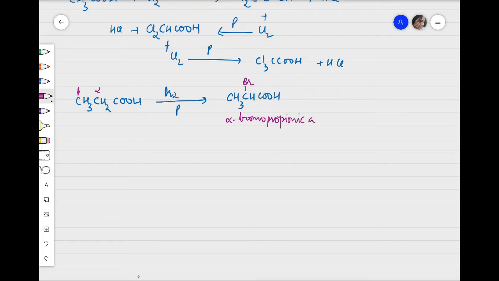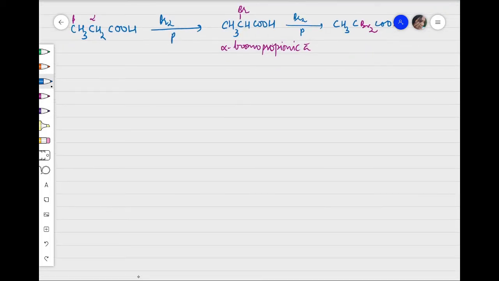And again this can undergo halogenation in presence of phosphorus to give me CH3CBr2COOH. So this is again alpha dibromopropionic acid, okay.